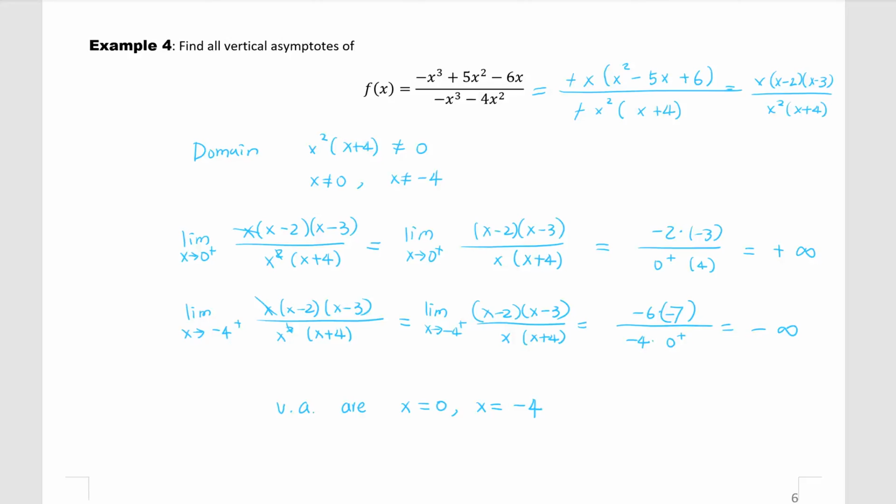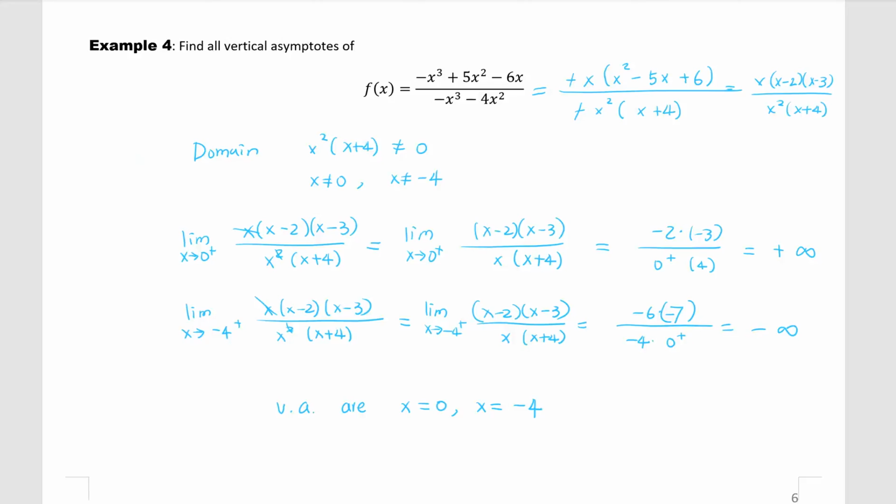So remember, after you do the cancellation, whatever survives in your denominator is going to give us a vertical asymptote. But you still need to show your work. What does that mean? You're going to find the domain. You're going to check the limits at each point outside of your domain.